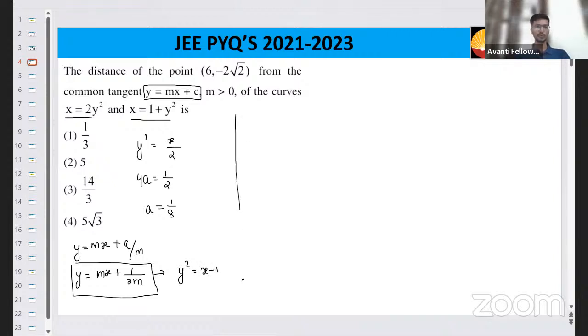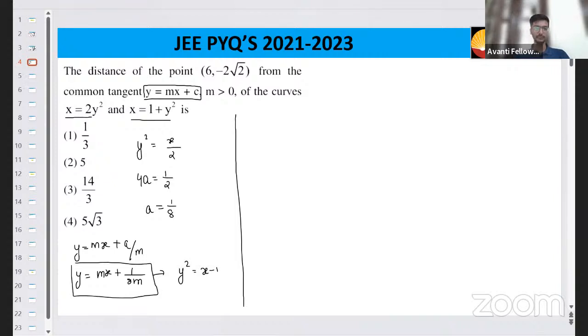If a line is tangent to the parabola, then after solving simultaneously, we should get discriminant equals 0. Again, I am repeating, if a line is tangent to the parabola, we solve the line and parabola simultaneously and use discriminant equals 0 because there is only one point of intersection.